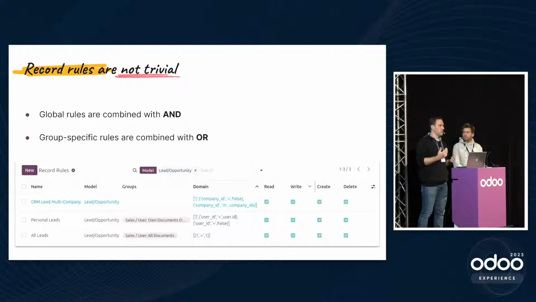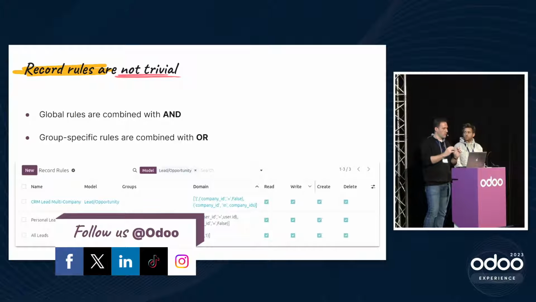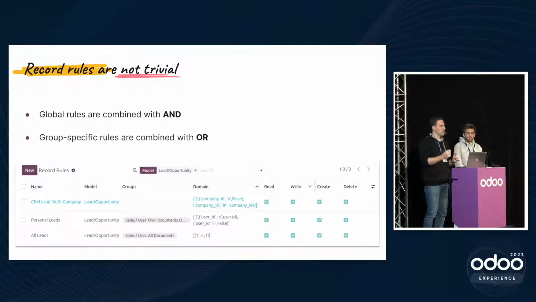Typically, those global rules will be used to filter cross-company records so that people from company A cannot see a record from company B, even though all those records are in the same database table, right? And then you have group-specific rules that are assigned to the roles that you give to the users.